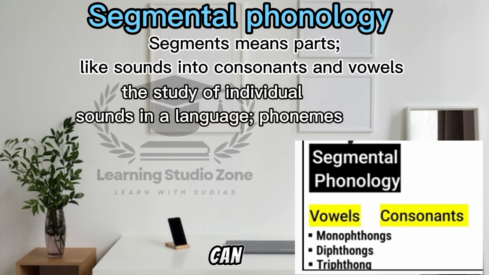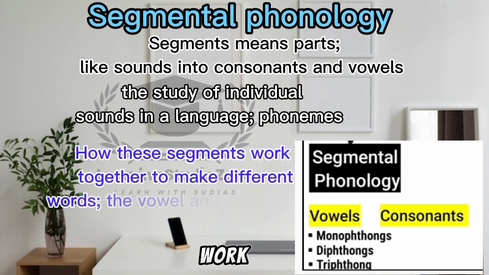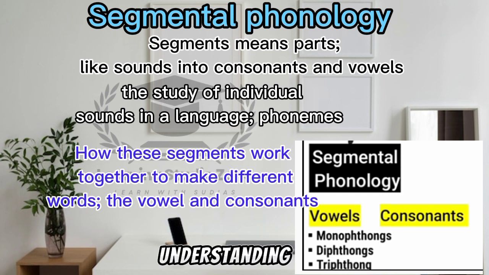So simply we can define segmental phonology as the study of individual sounds in a language, like the sound of a letter, we mean the phonemes, and how they work together to make words. It is all about understanding how these sounds are used and organized in a language.